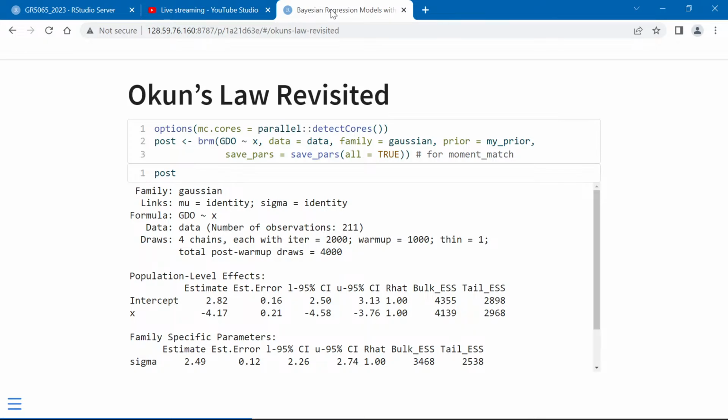So this is one of these psychology flavored aspects to it. What is labeled estimate is actually the average of the posterior draws. In rstanarm, the thing in the first column is the median. This is the mean.